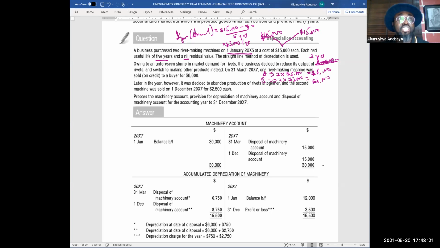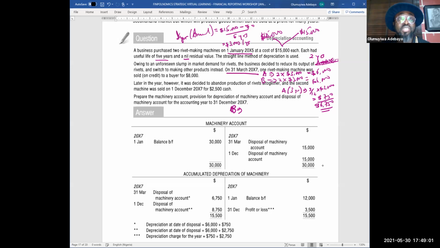Machine A was still continuously used up to March, so in the 3rd year it has only consumed 3 out of 12 of 3,000 because it was disposed of 3 months into the year, which means 750 is the additional depreciation. So in 2 years, 3 months, it is 6,000 plus 750, which gives 6,750 on machine A.